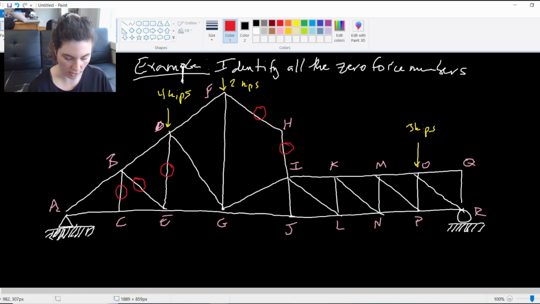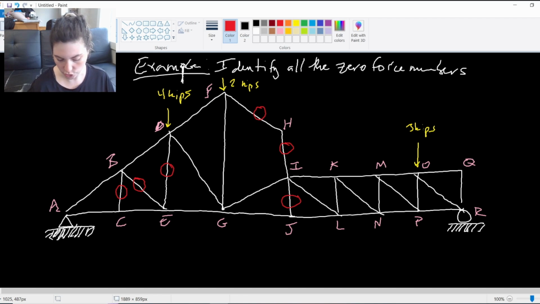And then I keep walking on down and looking through my joints. Again, as I go down a little farther, I see from I to J, at joint J, GJ and JL are collinear. IJ tries to intersect them, but it is a zero force member. So that's zero force, and then I keep walking on down the line.